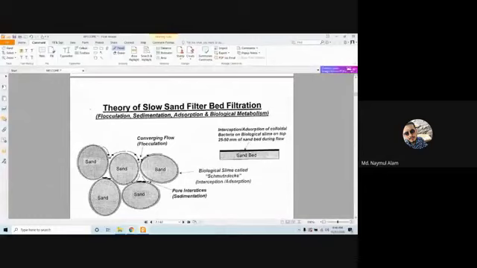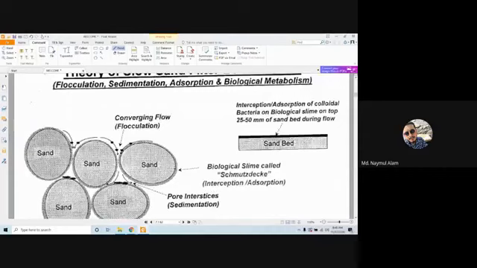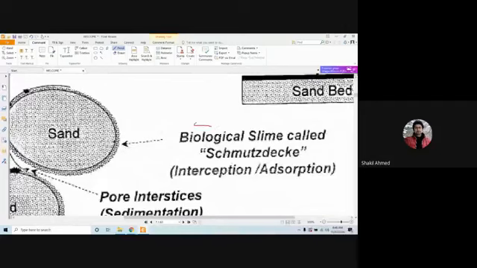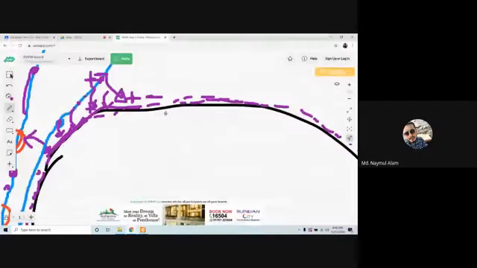Now, this figure actually represents whatever I had told you. First of all, flocculation, coagulation, and these things happen. And did you see biological slime? What is biological slime? This is the gelatin, the layer of the bacteria. This is the biological slime, which is sticky and which can absorb bacteria.